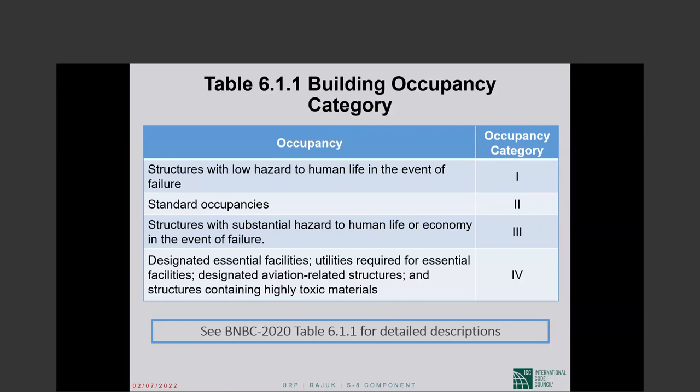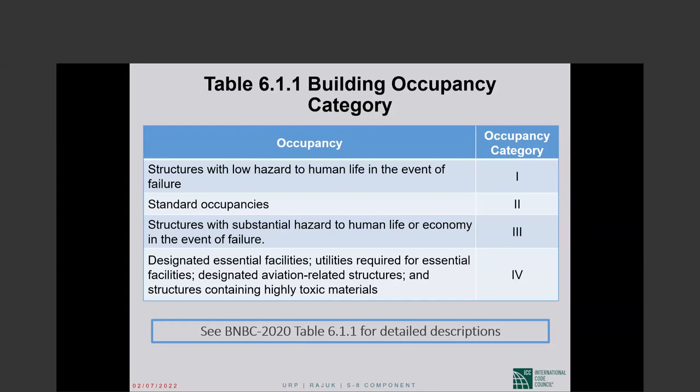That role now has been taken over by the seismic design category, which is a function of the definitely the seismic hazard at the site of the structure, which is what the seismic zone was all about, but also the occupancy of the structure, whether it's a hospital or a police station or an office building or a school, and very importantly, the soils at the site of the structure.